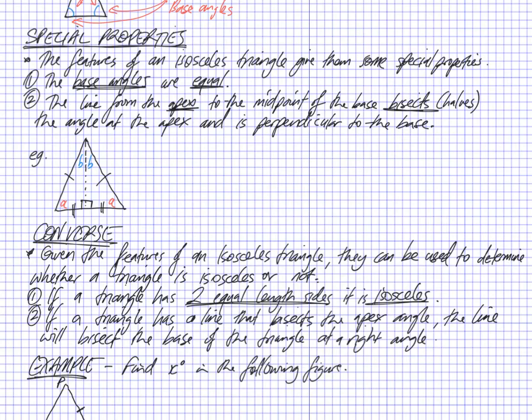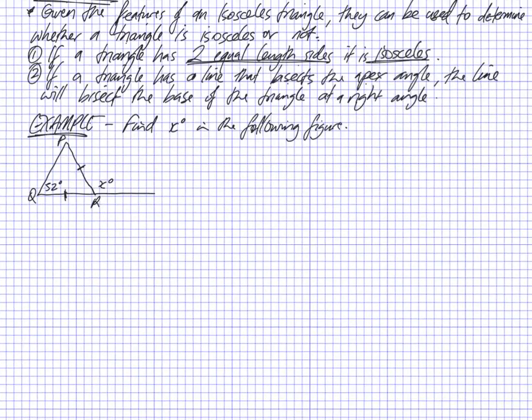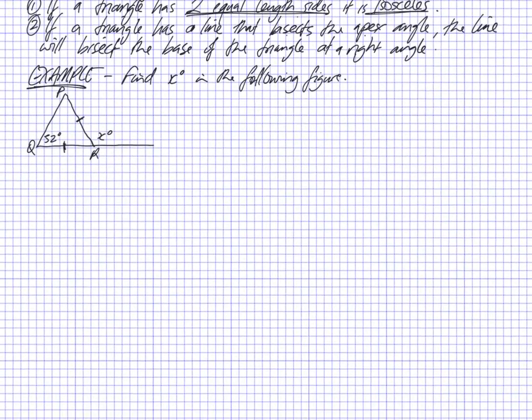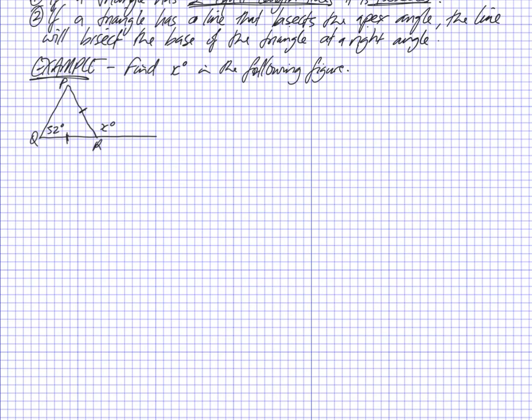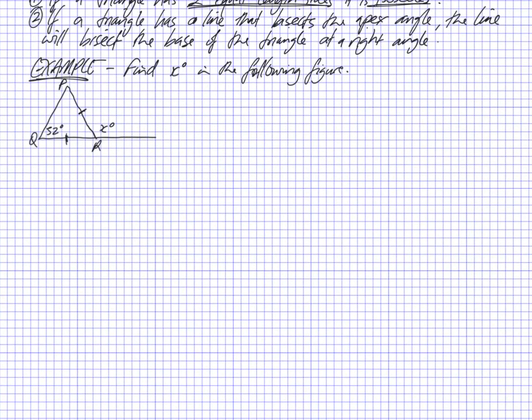Okay? So just to do an example of a problem involving an isosceles triangle: find x degrees in the following figure. So you need to do your two-column proof, which is a statement on one side and the reason on the other.